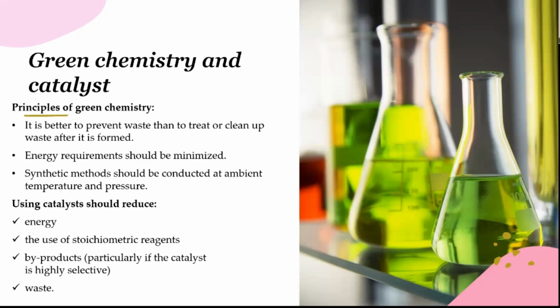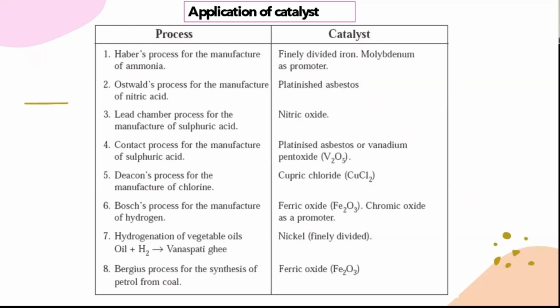Third, synthetic methods should be conducted at normal ambient temperature and pressure. Now, when we are using a catalyst, the activation energy is reduced. We are using stoichiometric reagents. Since catalysts are highly selective, byproducts are less, and there is no waste. So this catalyst helps in green chemistry and sustainable chemistry.